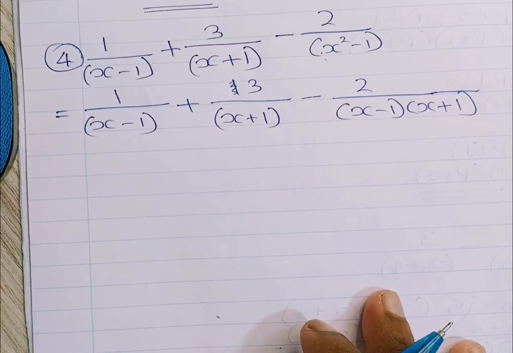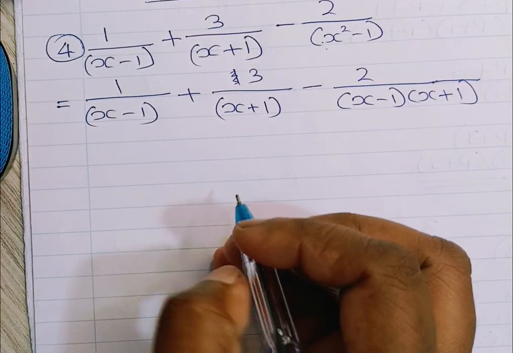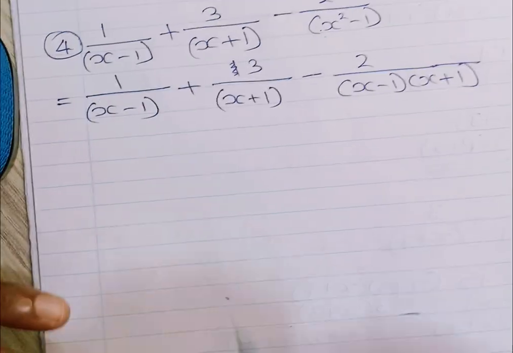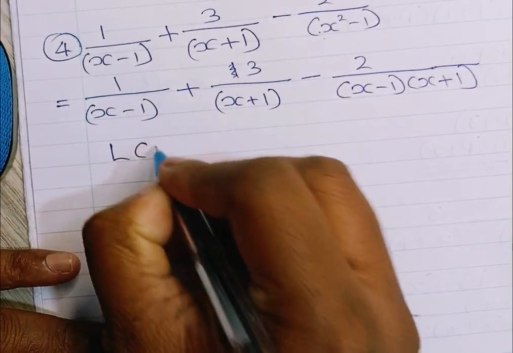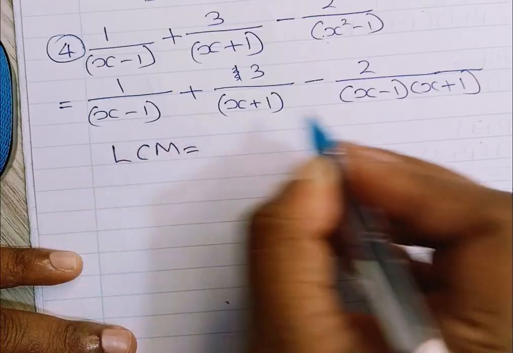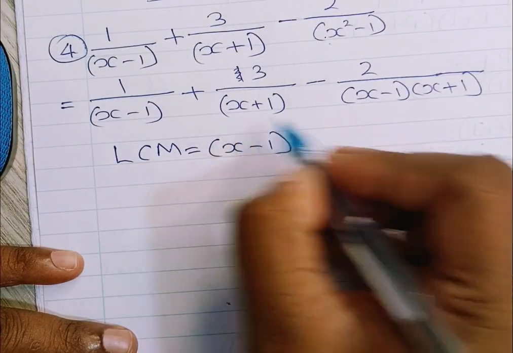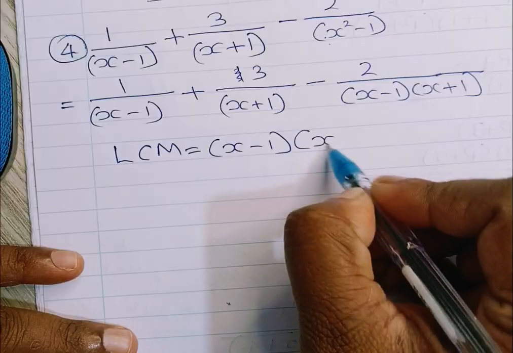Then after, we can go for the other part. You can see that all the denominators are not equal, so you have to find the LCM there. So the LCM is x minus 1, and x plus 1 term is also there.